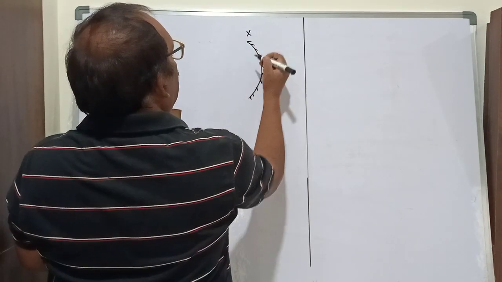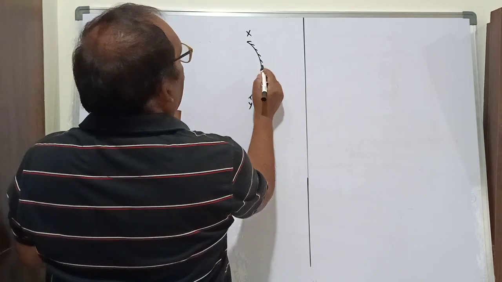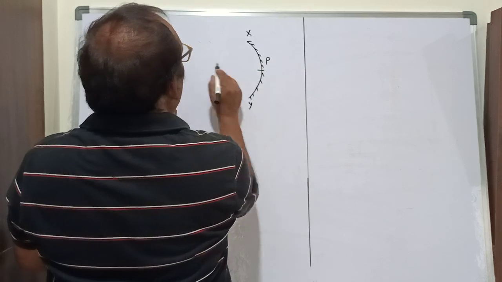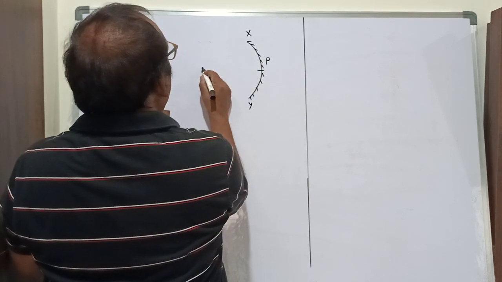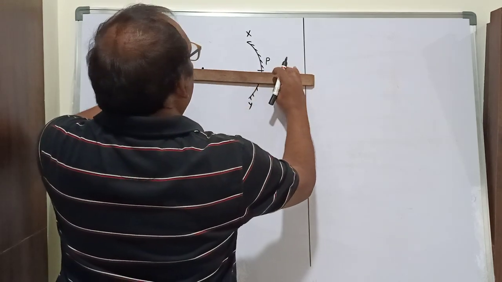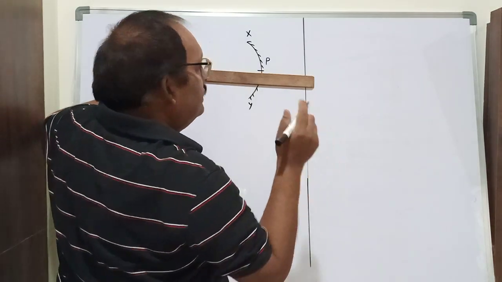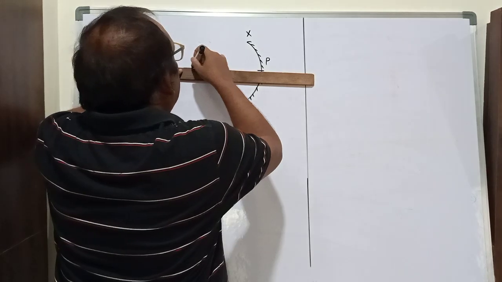This section of the mirror is called the aperture of the mirror, XY, and this is the pole of the mirror, and whose center lies somewhere here. The line joining the center of curvature to the pole of the mirror is called the principal axis.